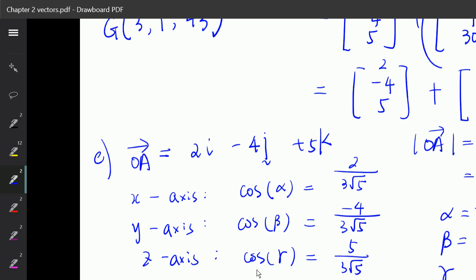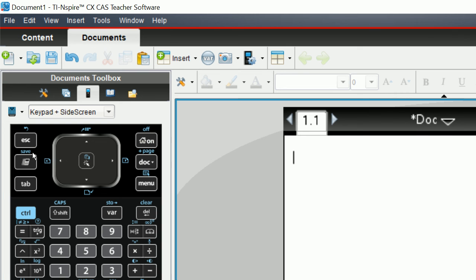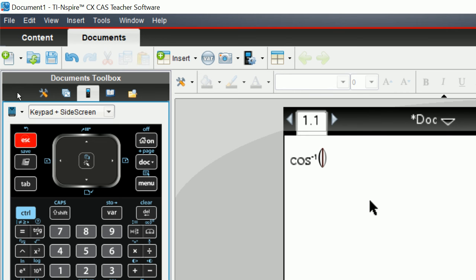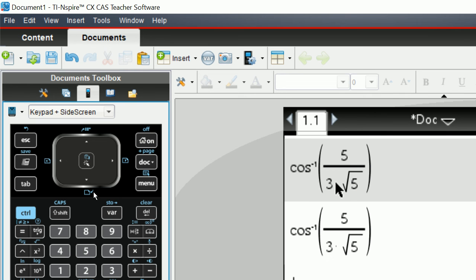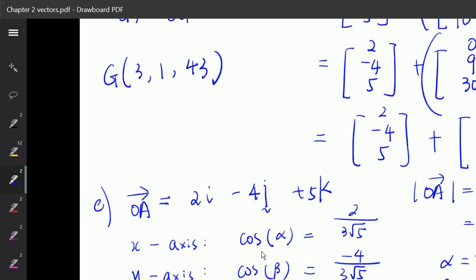And then gamma equals inverse cosine of 5 over 3 root 5, which is 41.81. Okay, that's how we can calculate the angles formed with the x-axis, y-axis, and z-axis.